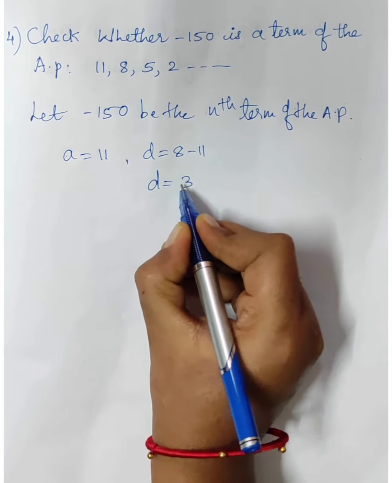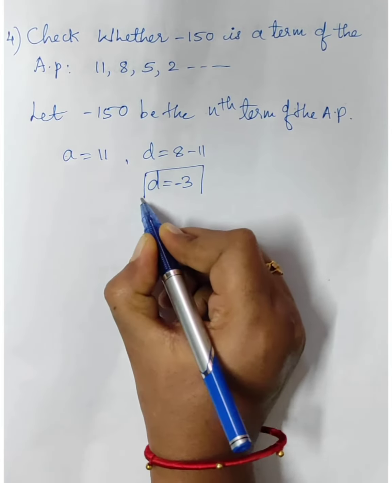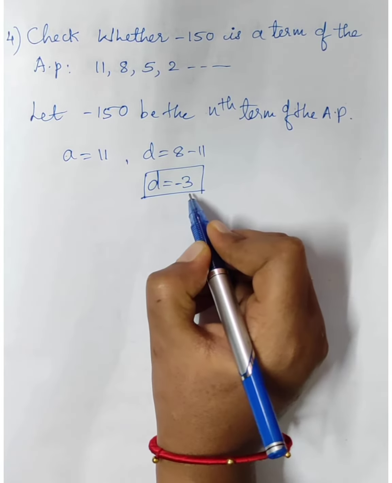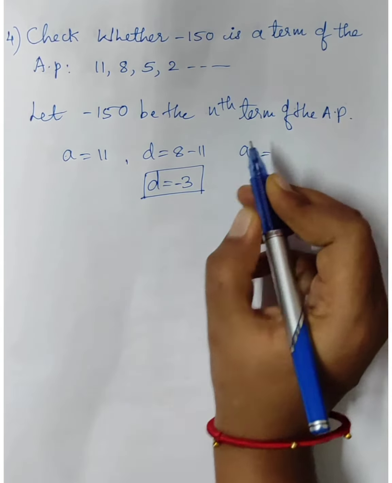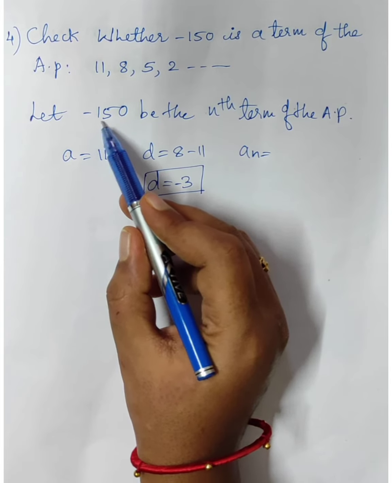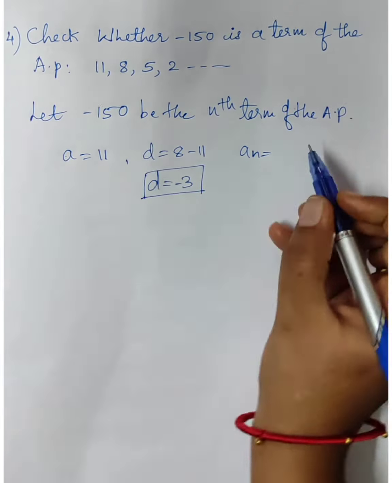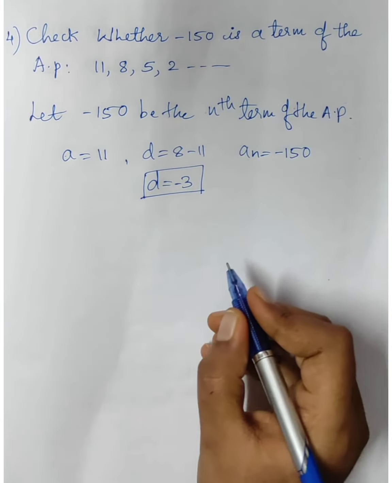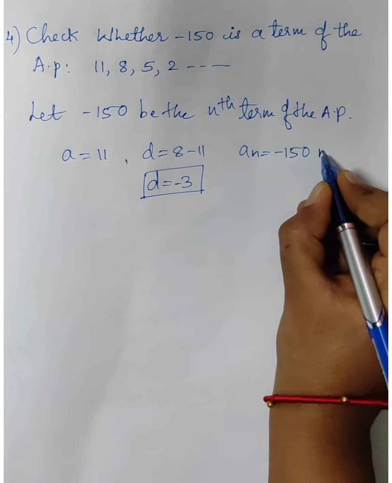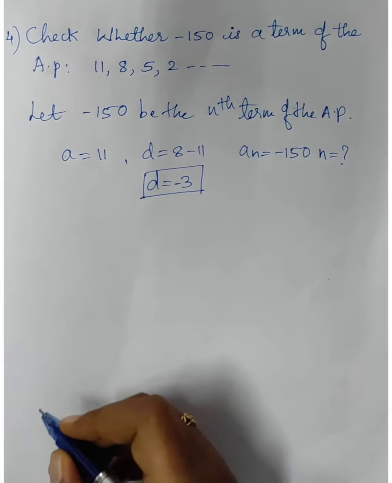That is minus 3. Okay. So from 8 if you remove 11, you will get minus 3. Then what is an? I am considering minus 150 as the nth term, so you are going to write an is equal to minus 150. And here we don't know the value of n, we need to find it.